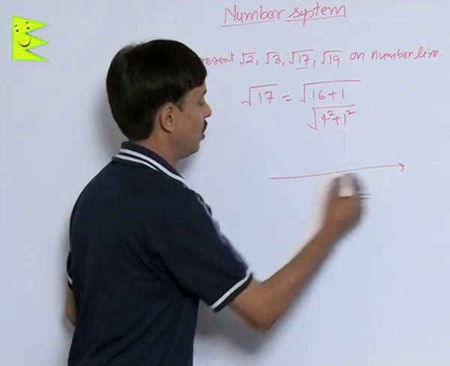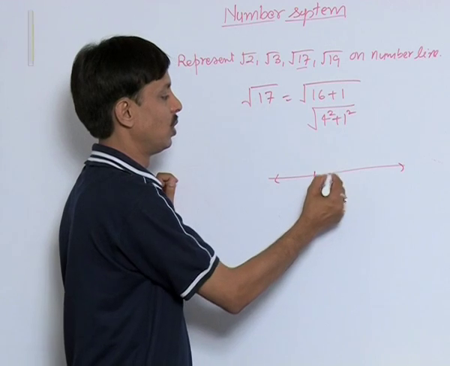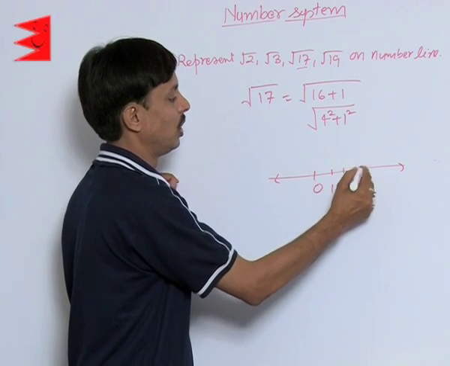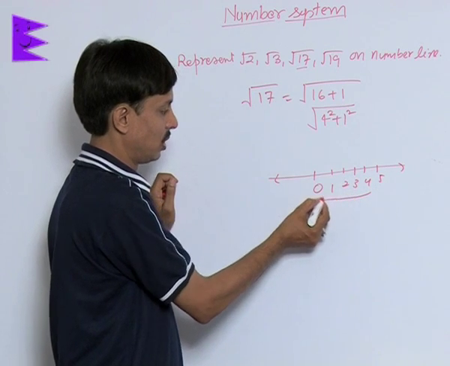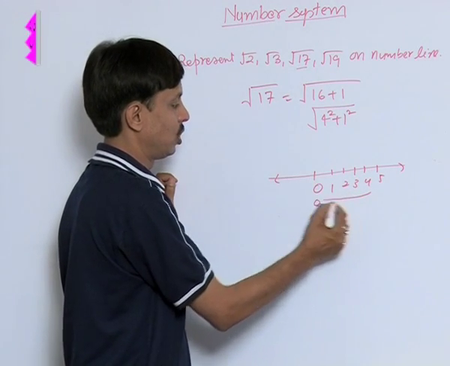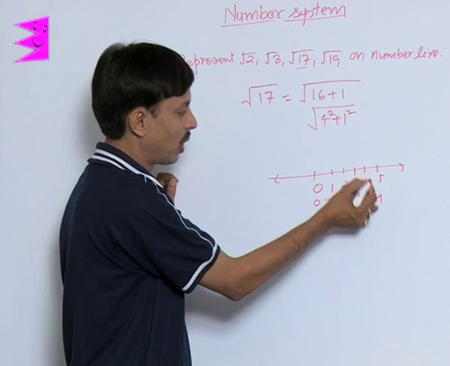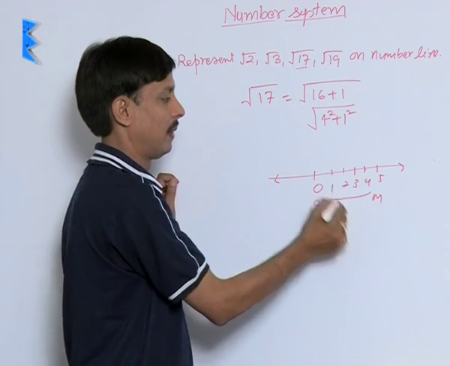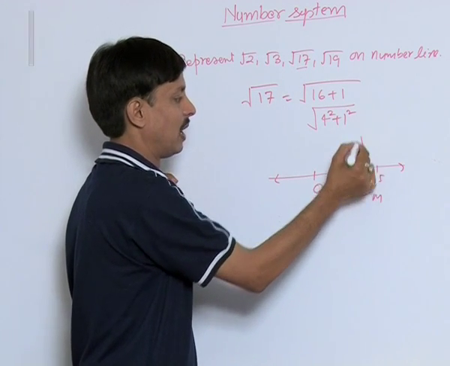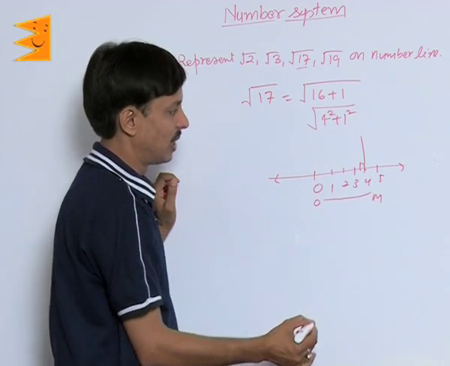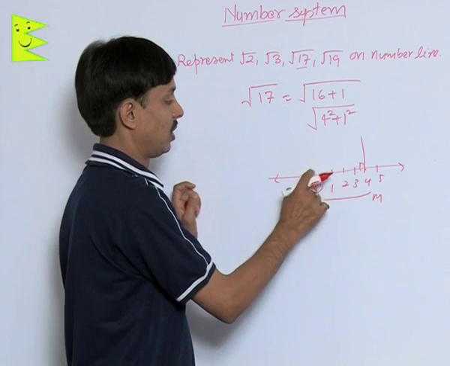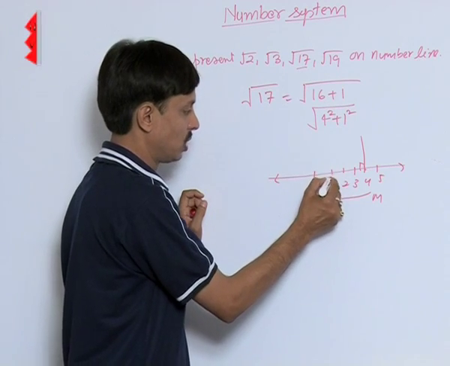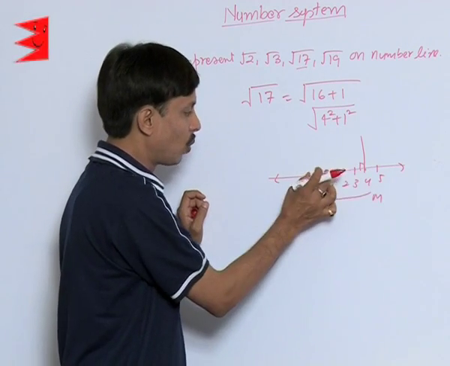See here, this is the number line. This is 0, 1, 2, 3, 4, 5. 4 means root 16; this, in all, I can say is OM. At 4 I am marking point M. At 4 draw the perpendicular, that is a 90-degree angle, with the help of the compass, and cut it equal to 1 unit. Suppose this is point P, equal to OP.